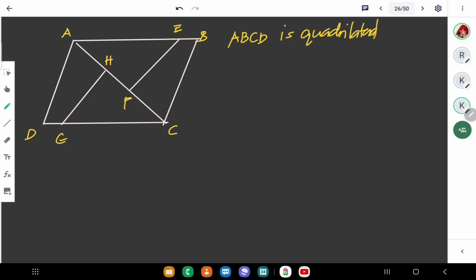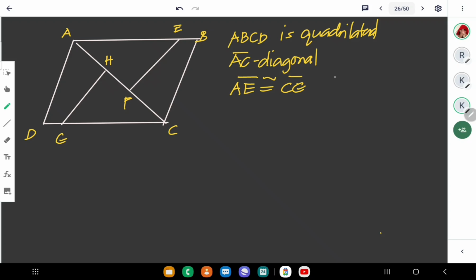Then diagonal AC. It's diagonal. Okay, segments GH, EF. It says that segment AE is congruent to segment CG.